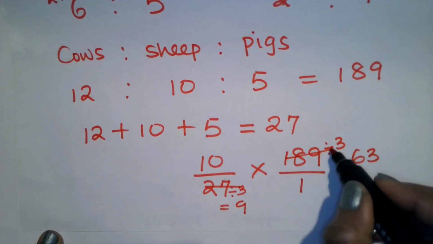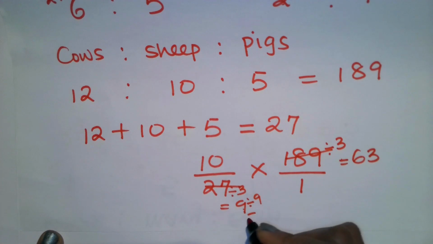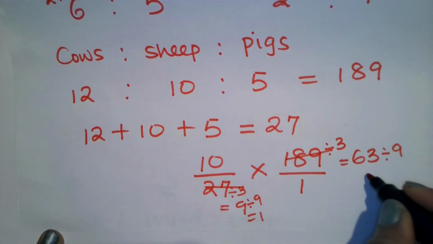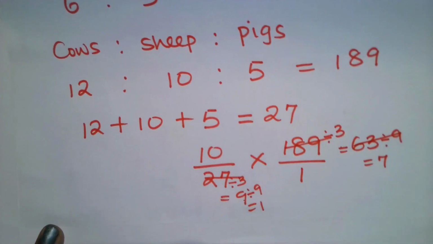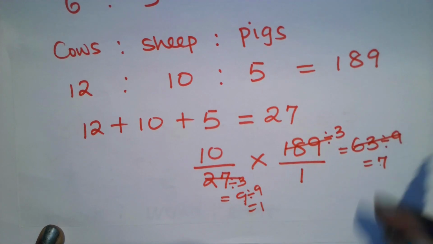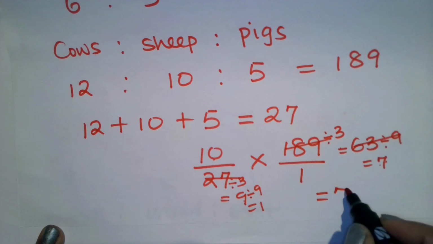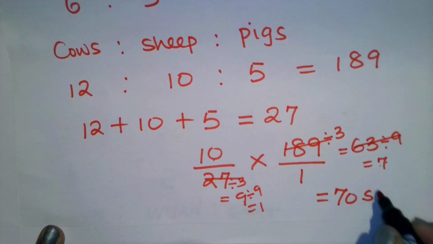Now I've got 9 here and I've got 63. 9 divided by itself gives me 1. 63 divided by 9 gives me 7. So I've got 7 and I've got 10. Remember, 7 is on top here, not down here. So I've got to do 10 times 7. That will give me 70. So I've got 70 sheep on the farm.